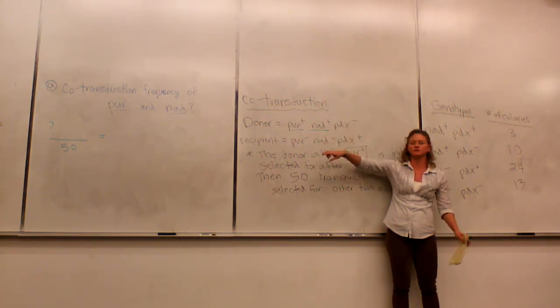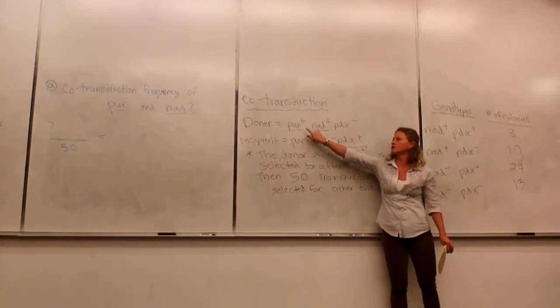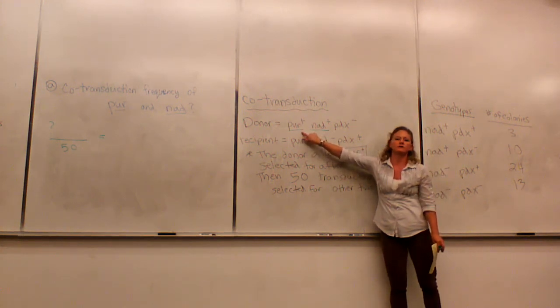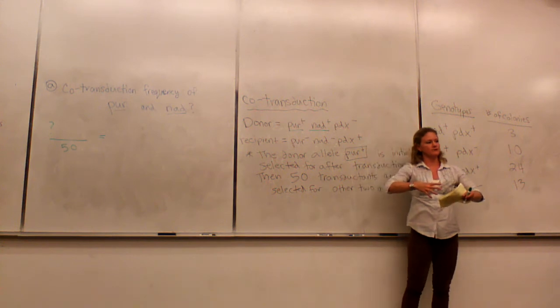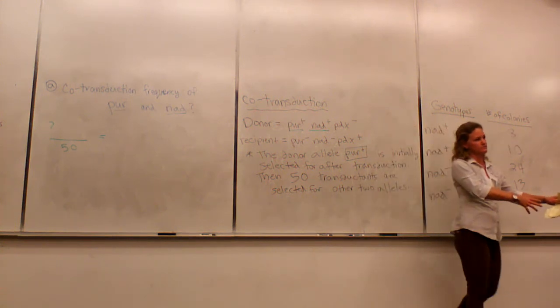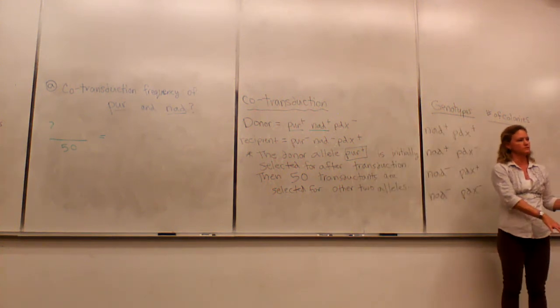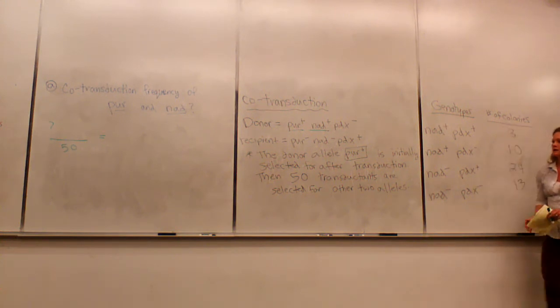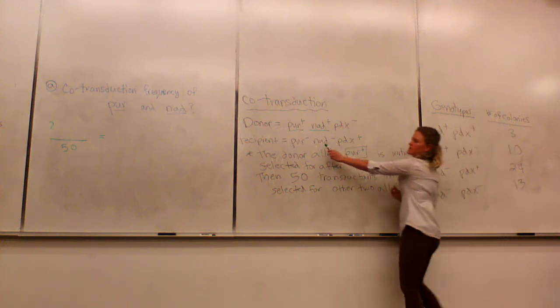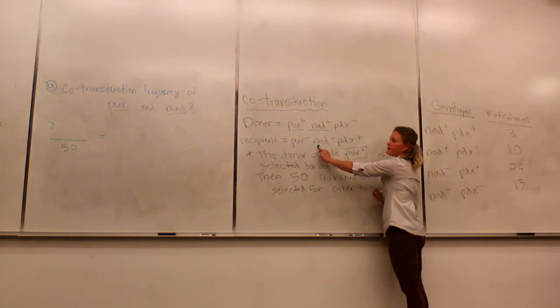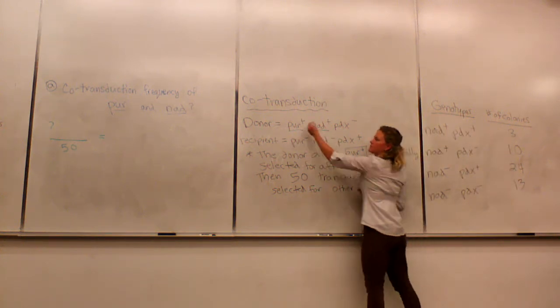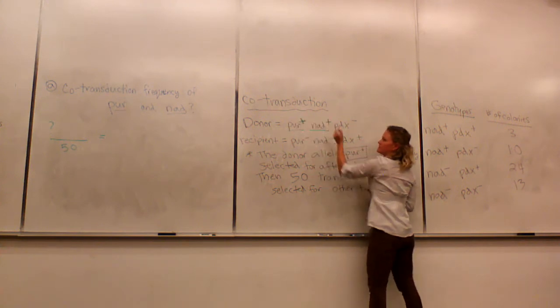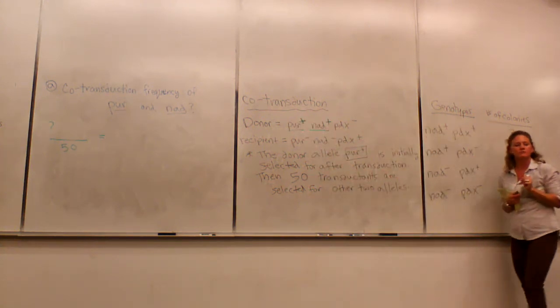That's the co-transduction frequency, right? So we want to know how many times these two alleles are inserted and stuffed into the phage virus head, and then it moves along and infects the new recipient cell and shoves those genes, those alleles, into the recipient cell. Because the recipient's always going to be this genotype, minus for pure, minus for NAD. So in this case, we're looking for pure plus cells that are also NAD plus.